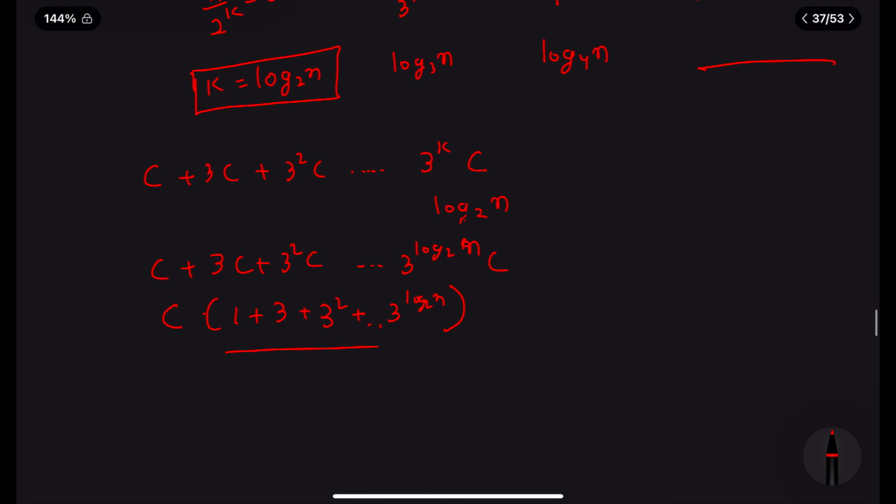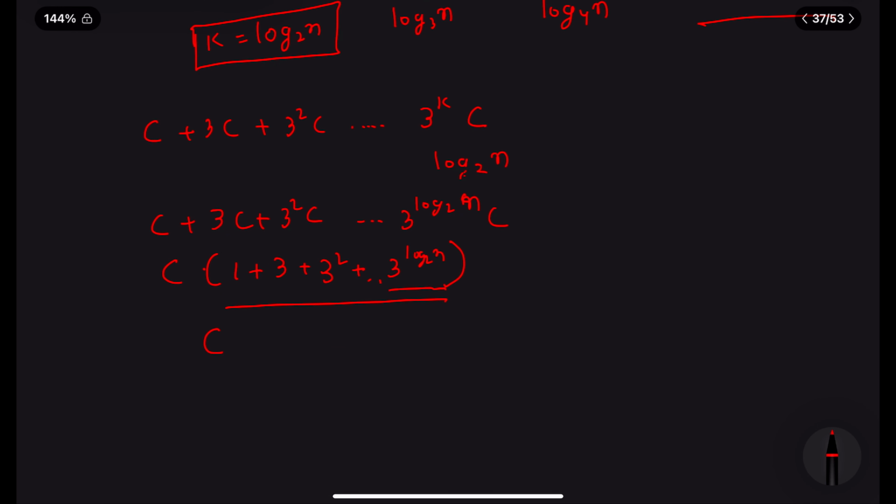This is an increasing GP series, and in an increasing GP series the last term is the answer, so we can write it as C times 3^(log base 2 n), and this can be written as O(3^(log base 2 n)), and this can be swapped to become n^(log base 2 of 3).